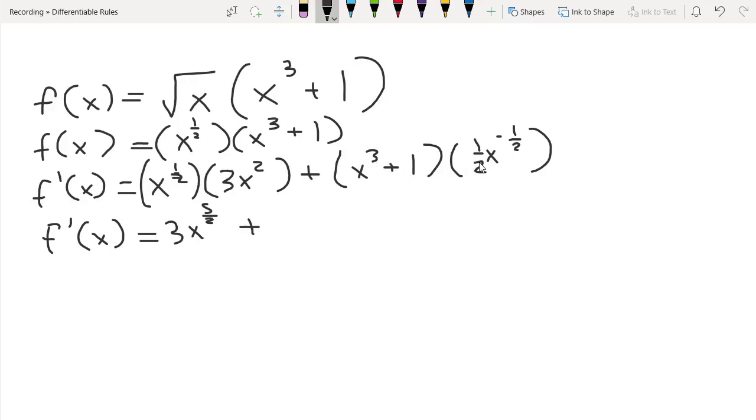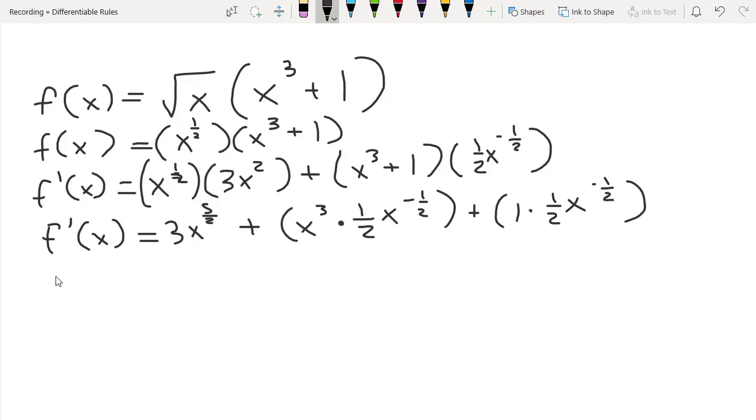So this would be x cubed times 1/2 x to the negative 1/2, plus 1 times 1/2 x to the negative 1/2.